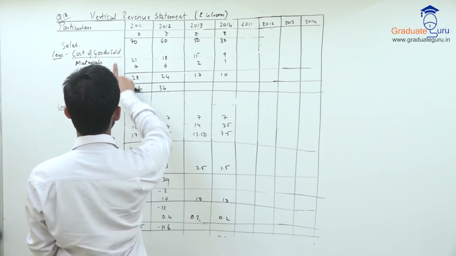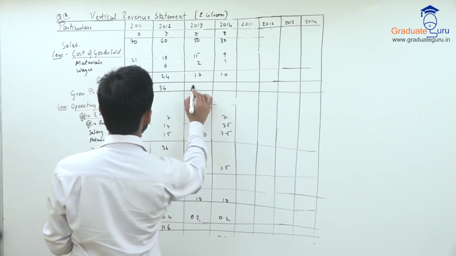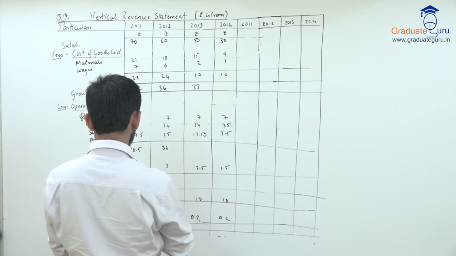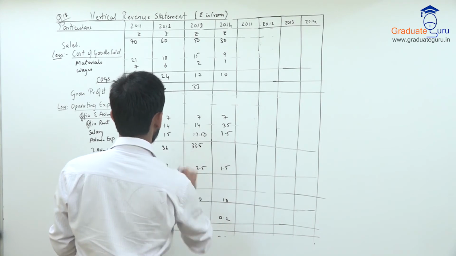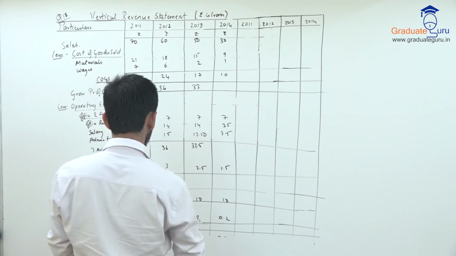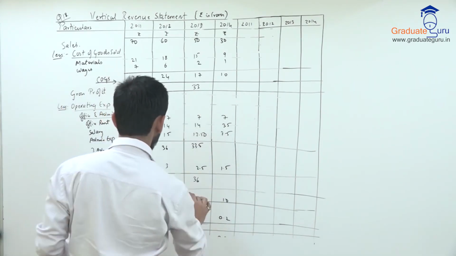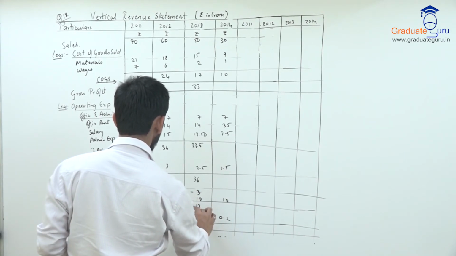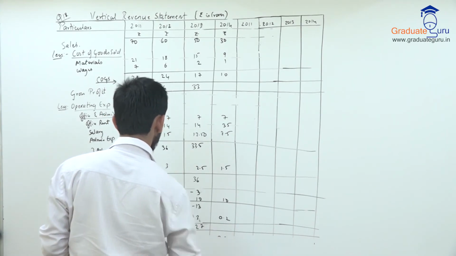Now this one, 17.50 minus 17 will give you 33. Operating expense: 7 plus 14 plus 12.5, that's 33.5, plus 2.5 will give you 36. So now 36 minus this, minus 3 again, minus 13, to this will be minus 12.7.